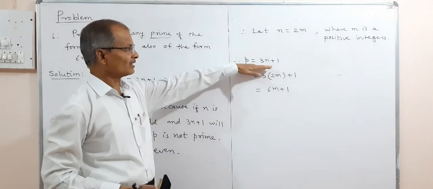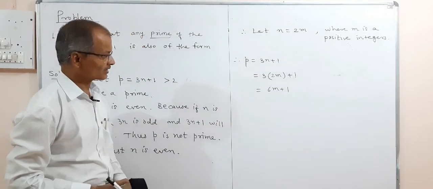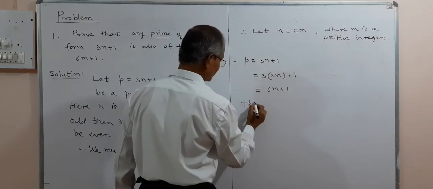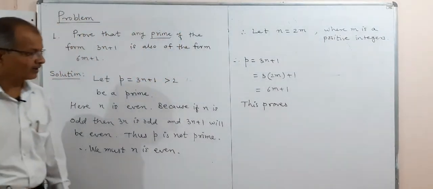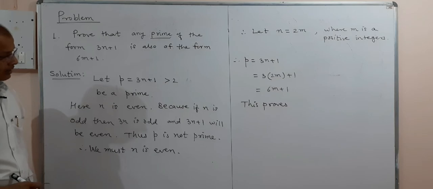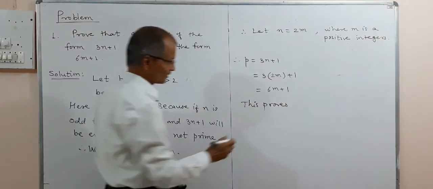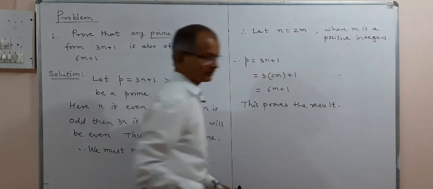You may verify the prime of this form is also of the form 6m plus 1, and this proves the result. So this is about an example depending on primes, and the remaining part we shall consider next time. So thank you.